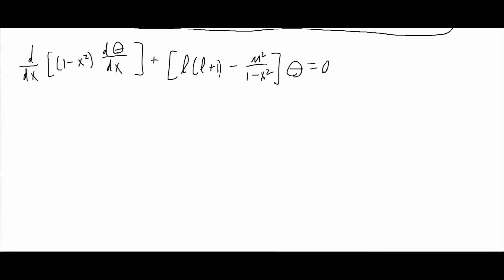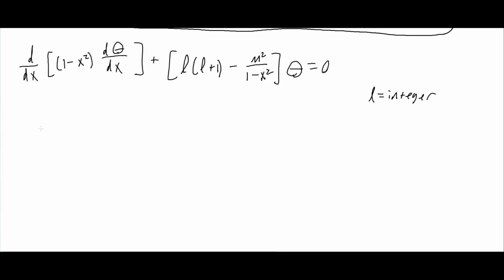And so this will have a finite solution at 0 and pi only if L is equal to an integer.